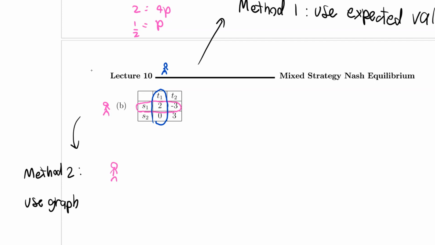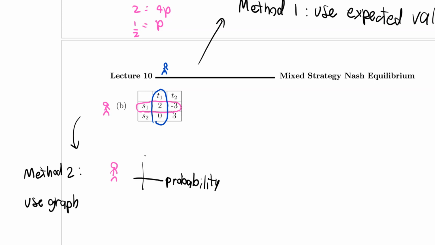Now, the graph that we are going to use is going to be a little confusing because normally we think of a graph as an x and y axis, right? So x can represent something and y can represent something. Like x can be a variable and y can be the value of a function. But for this analysis in game theory, my x is going to be the probability axis.